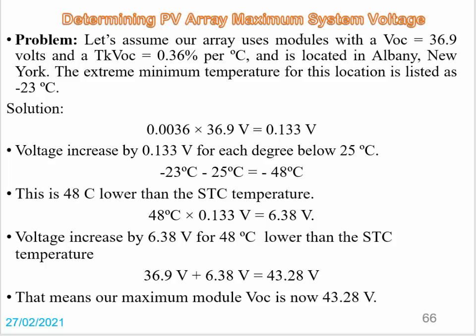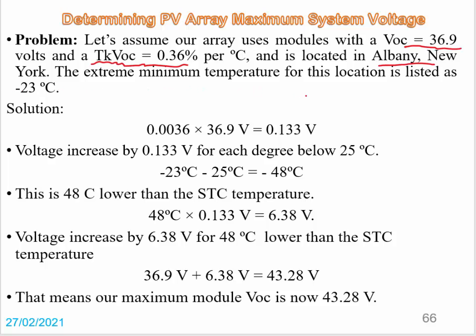Let's see this example. Let's assume our array uses a module with a V open circuit equal to 36.9 volts and TK V open circuit equal to 0.36% per degree Celsius, and it is located in Albany, New York.